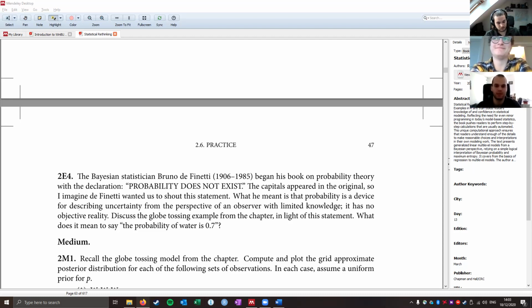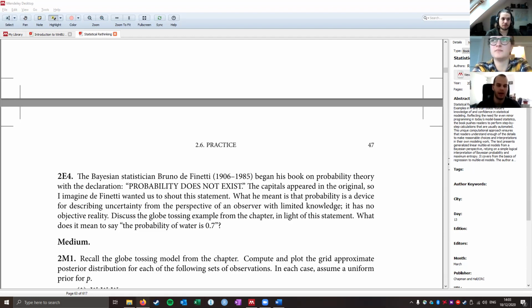The capitals appeared in the original, so I imagine De Finetti wanted us to shout the statement. What he meant is that probability is a device for describing uncertainty from the perspective of an observer with limited knowledge. It has no objective reality. Discuss the globe-tossing example from the chapter in light of the statement. What does it mean to say the probability of water is 0.7?